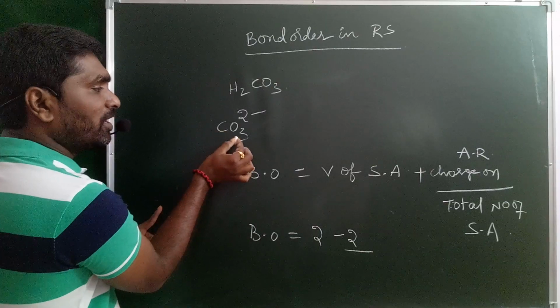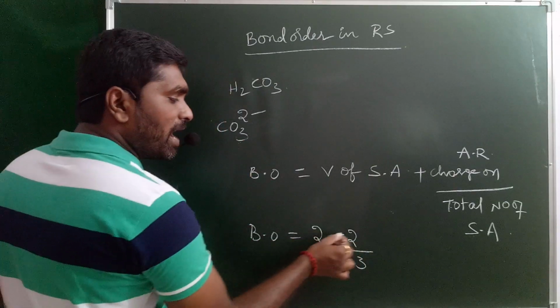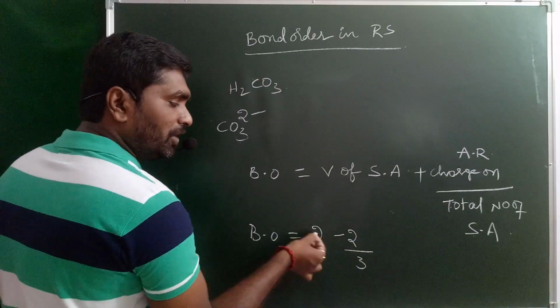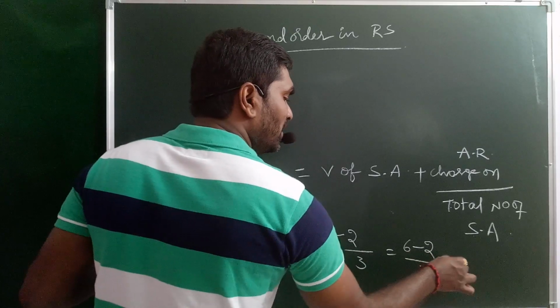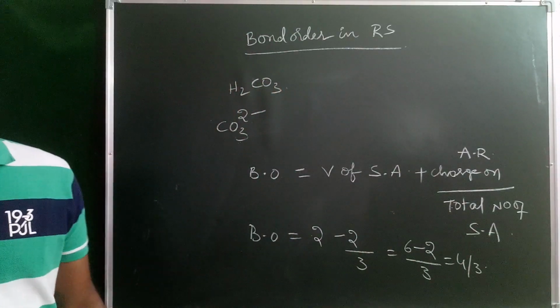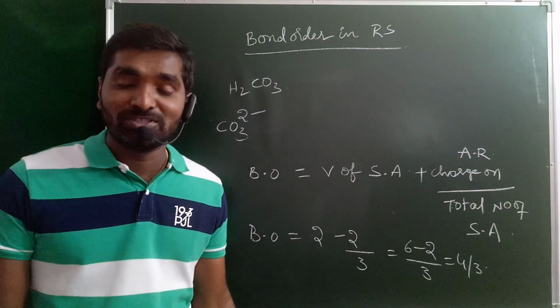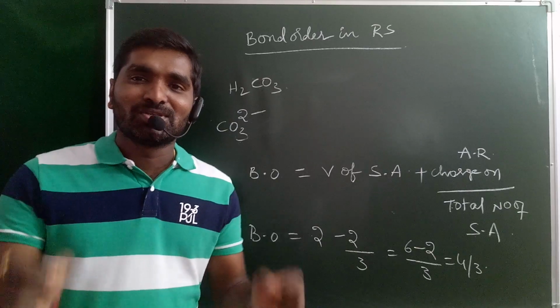Here carbon is surrounded by 3 oxygen atoms. So 3 into 2 is 6, 6 minus 2 by 3, nothing but 4 by 3. So 1.33, which is the bond order. So, a simple trick.